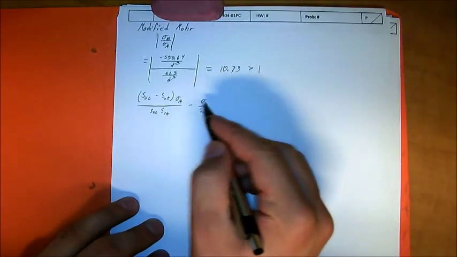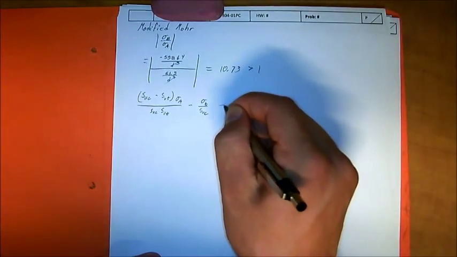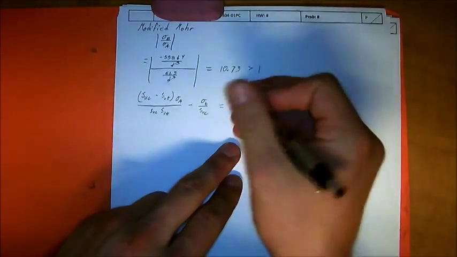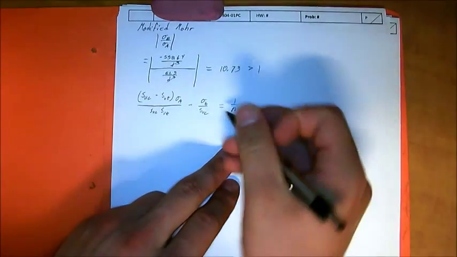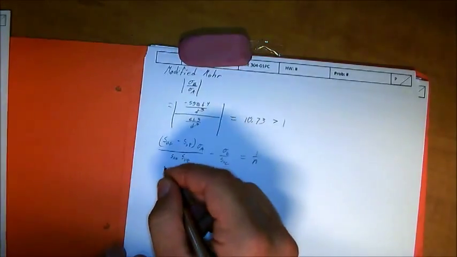I know I'm switching between capital and lowercase letters on these, but A is A and B is B. We're not that specific with the variables in this case, so just bear with me on that. 1 over n, I'll say n right now, which is the factor of safety.